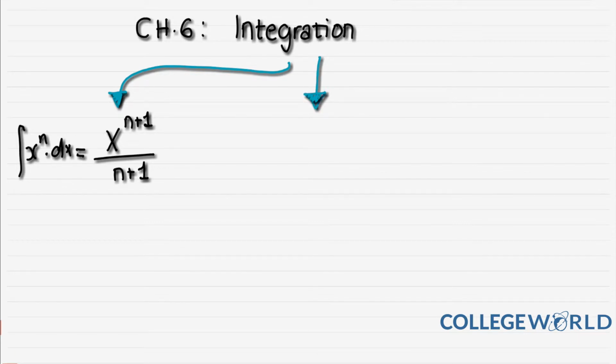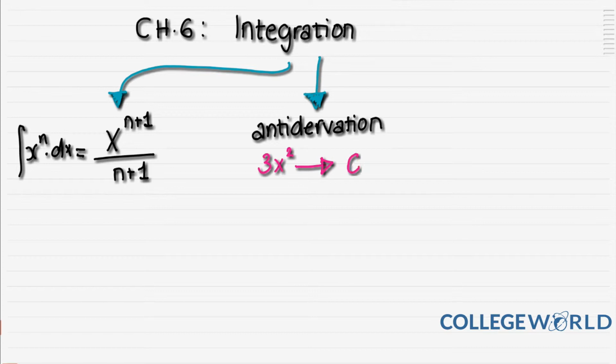We need to know that integration is also known as the antiderivative. In other words, it is what we did in differentiation, but the exact opposite. So what we did in differentiation is that if we had 3x squared, what we did is that we multiplied the coefficient by the power and then we reduced the power by 1.